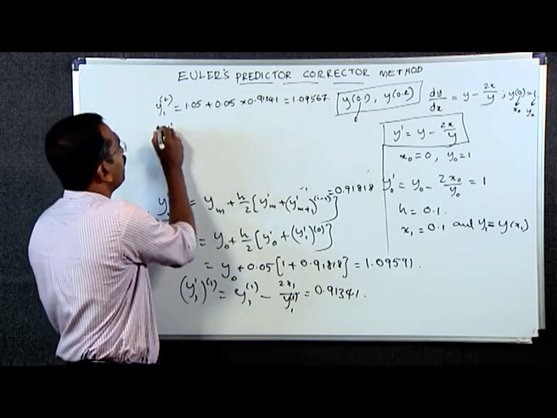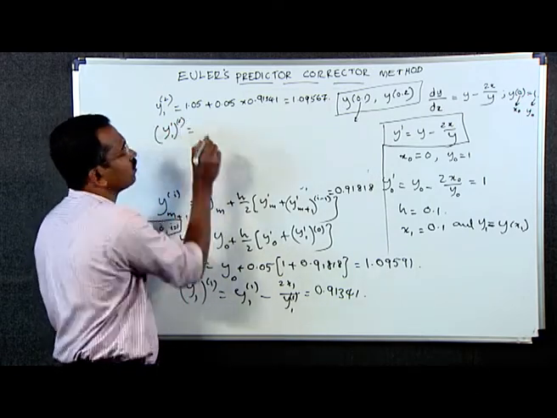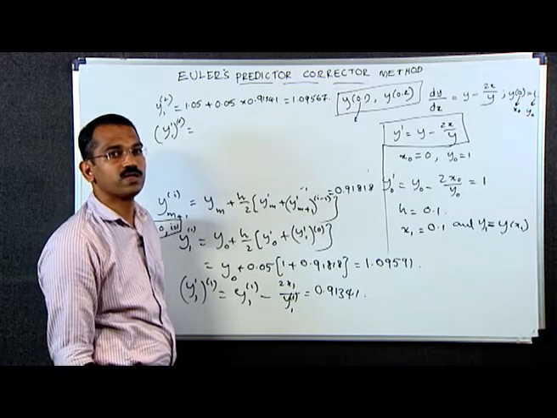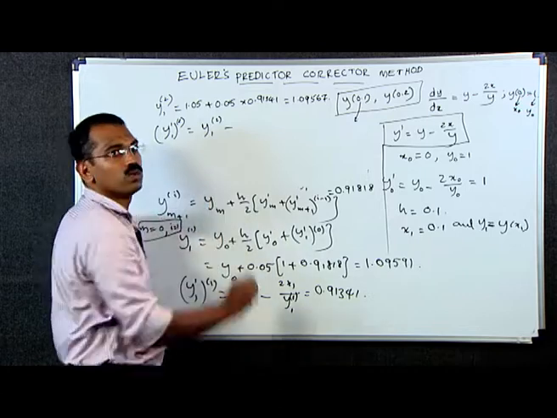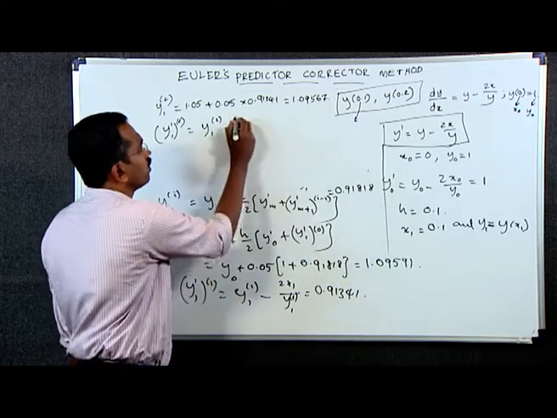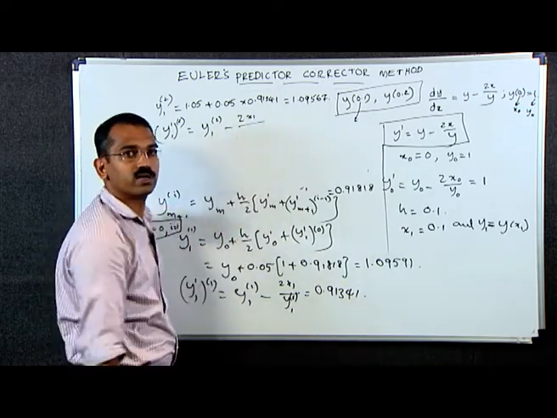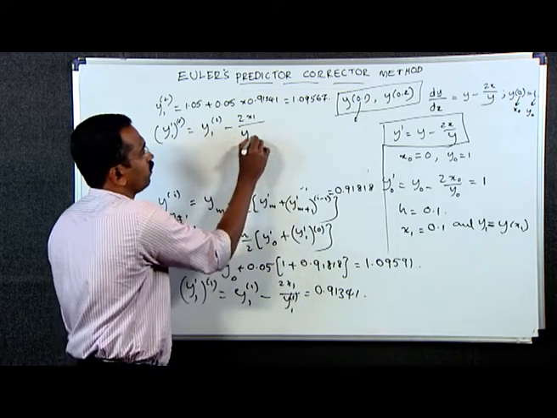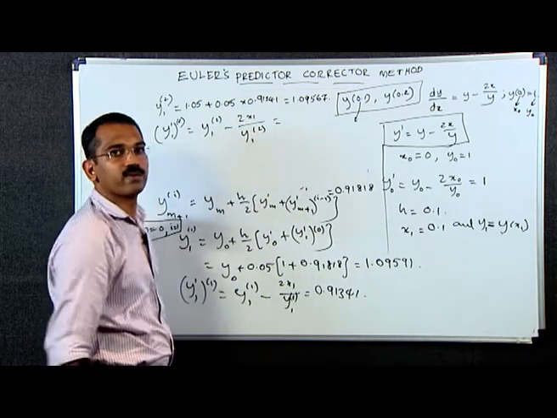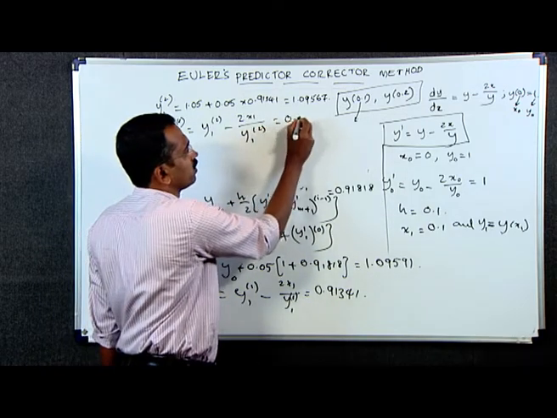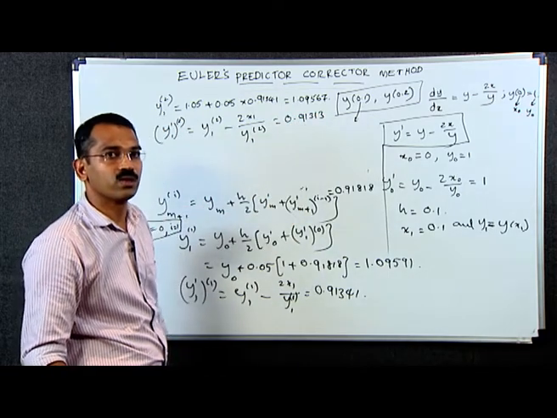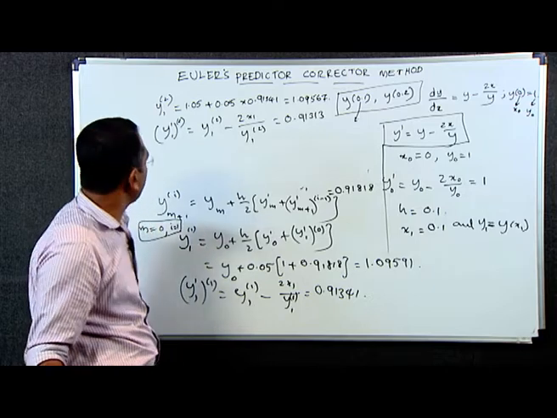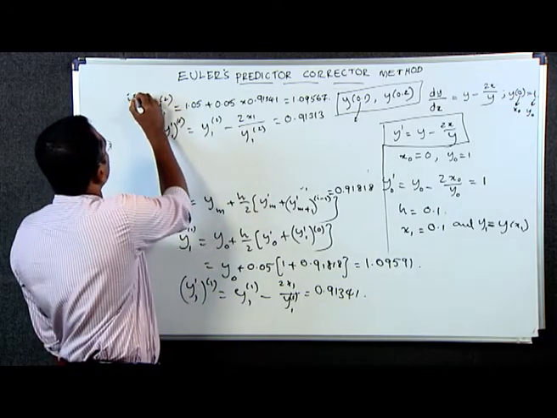Now, y1'(2), which is equal to y1(2) minus 2x1 divided by y1(2), which is equal to 0.91313. This is for i equal to 2.